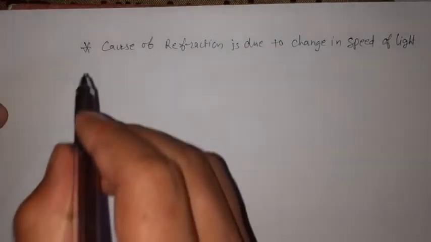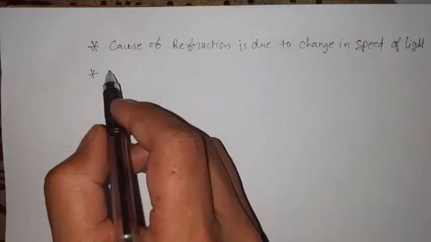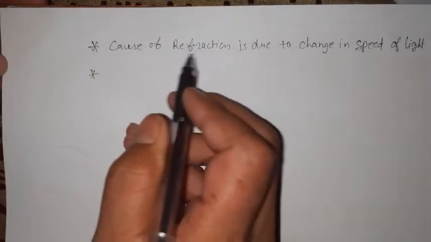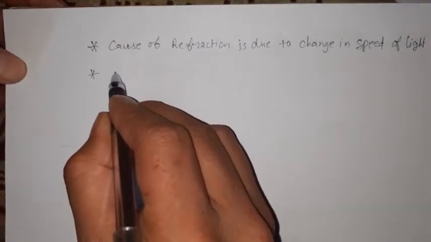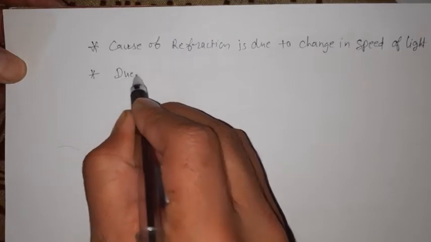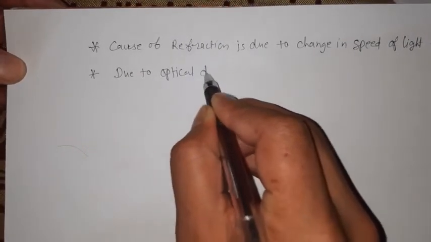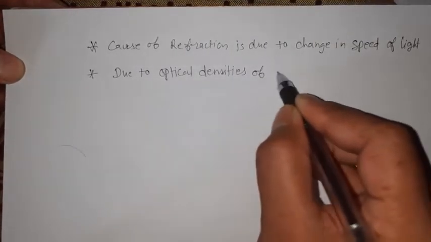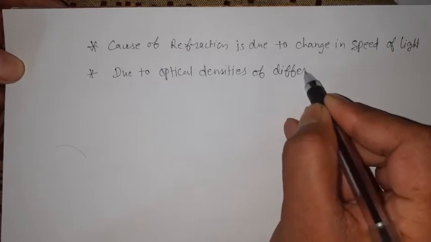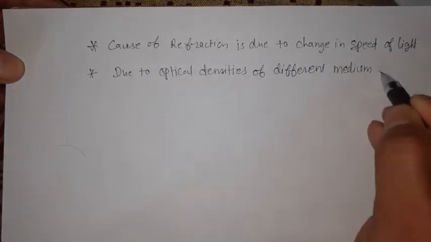As the next thing that we should learn over here: why is there a change in speed of light? The reason behind this, student, is optical densities. The optical densities of different media are different.